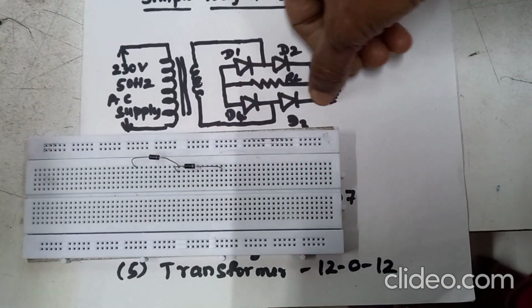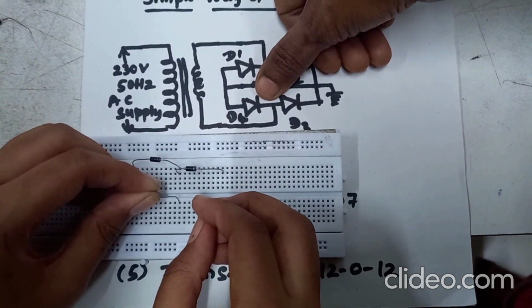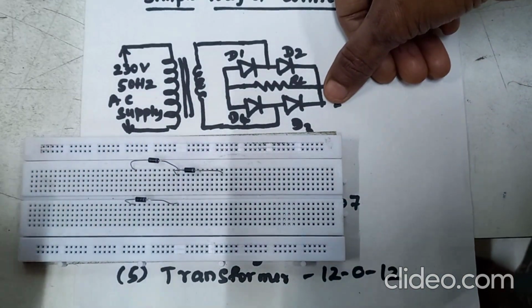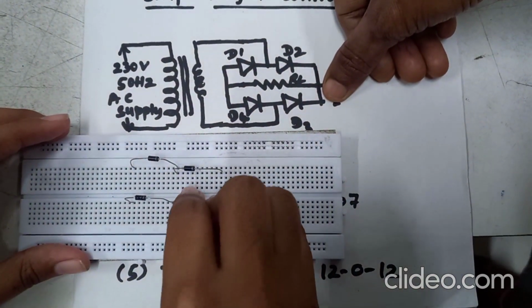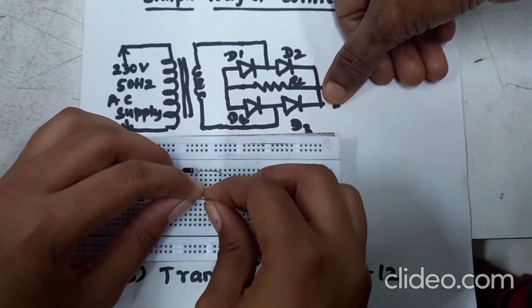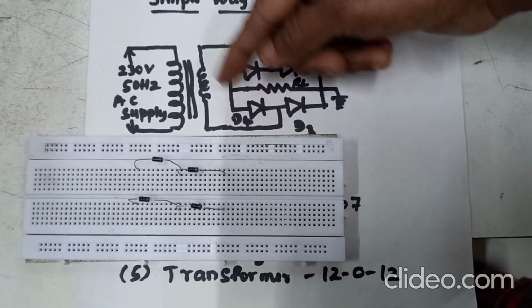Now she is doing the bottom connection, the third diode on two different points, and the fourth diode anode is connected to the cathode of the third diode. Circuit diagram: anode and anode must be shorted.